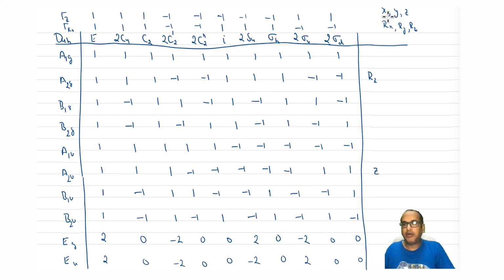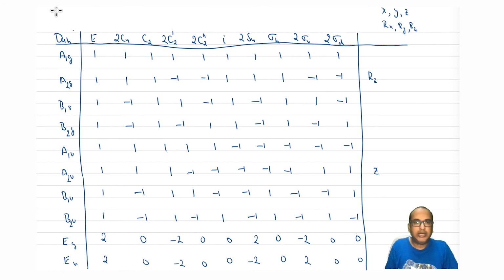Now this is done for RZ, and next for XY and RX, RY. XY will clearly be either Eg or Eu, and similarly RX, RY will also be one of those, Eg or Eu. So let us try to look for which one is forming. So X and Y together, let me go to the next page. Now let's try to write for tau XY.